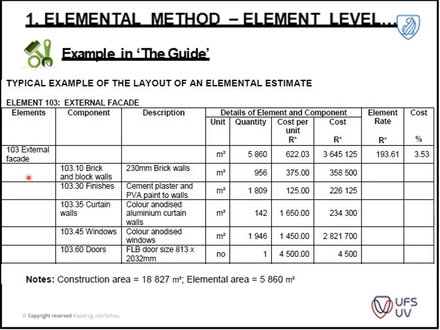But to understand this elemental summary, you need to understand what it comprises of whenever you do it. So whenever you do it on the elemental analysis method, you will go up to this level here.